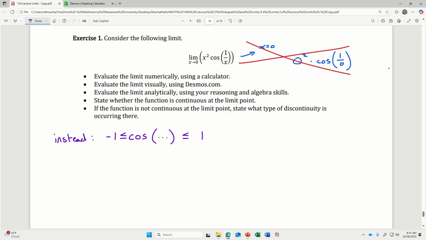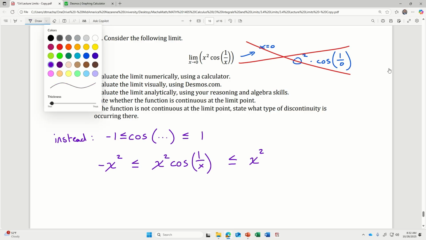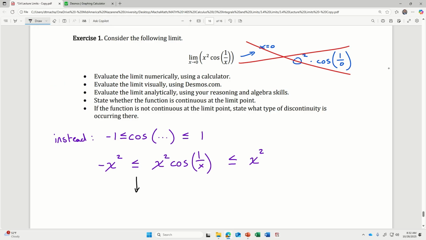Let's multiply everything by x squared. So on the left, I get -x squared is less than or equal to x squared cosine of 1 over x, and on the right, that's less than or equal to x squared. Now, take the limit as x approaches 0.